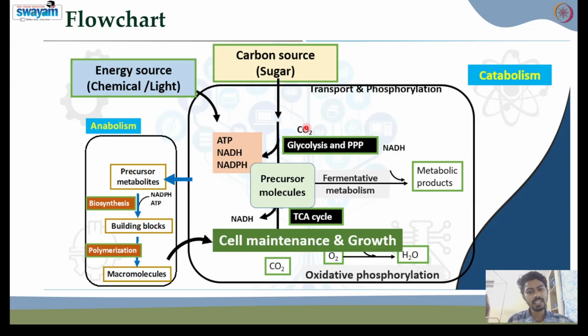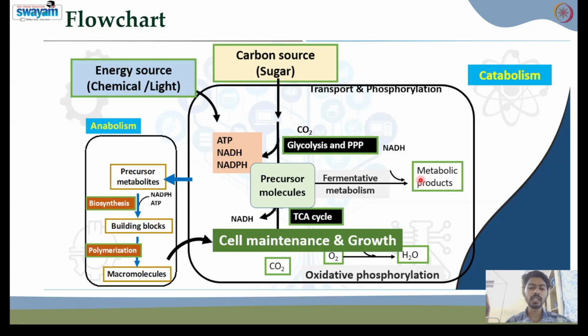First, they will undergo the glycolysis cycle, and what happens? The sugar will be converted into pyruvate, and pyruvate is the precursor molecule. And if it undergoes fermentative metabolism, then it will be converted into some other metabolite like lactic acid or ethanol or some other metabolic products.